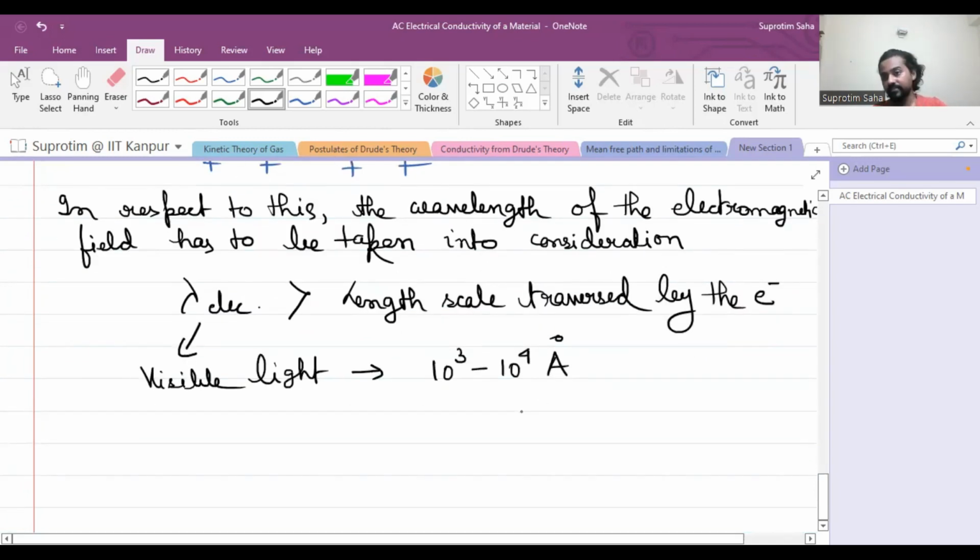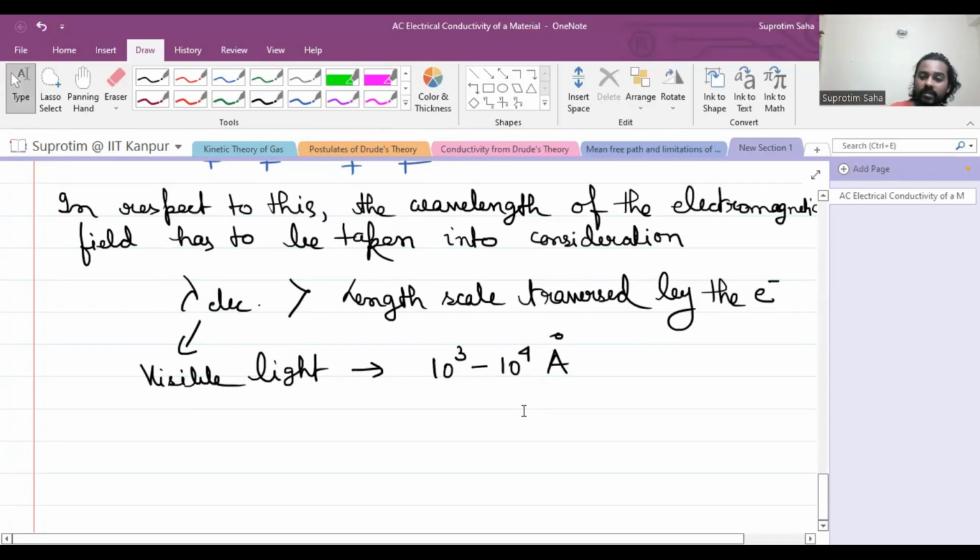So the electric field is not spatially varying over that length scale, and you can safely approximate that it remains constant over the length scale traversed by the electron. So the force, considered to be spatially non-varying, is satisfied by the electric field, given this assumption.